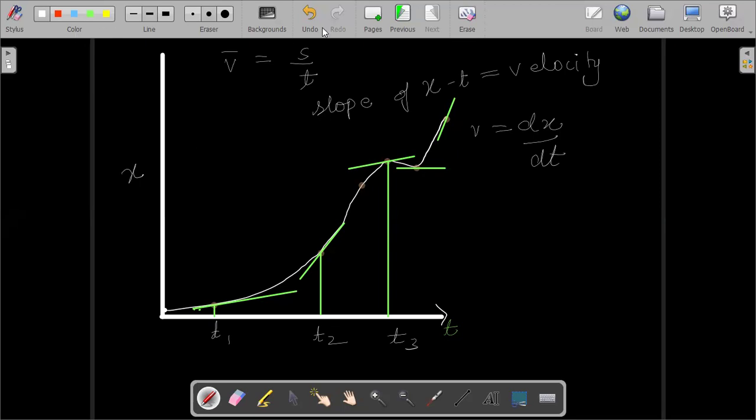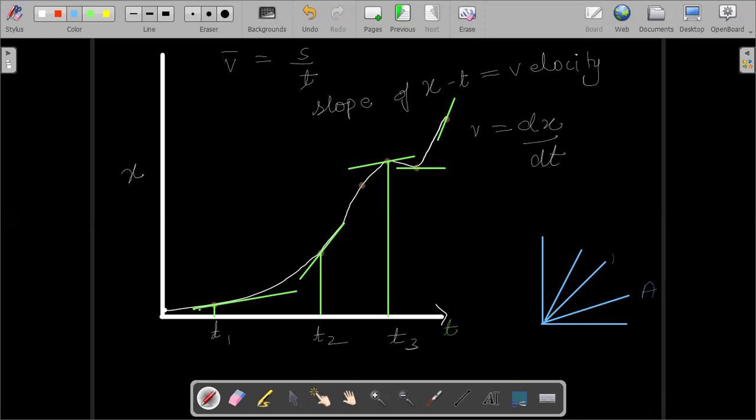See, by slope, what do I mean? When I say slope of a graph, it means something like this. Consider here three graphs, A, B, and C. So these are the three graphs which I have made.